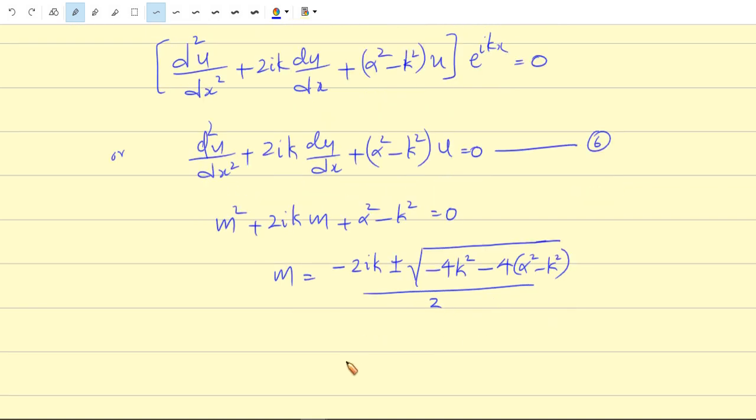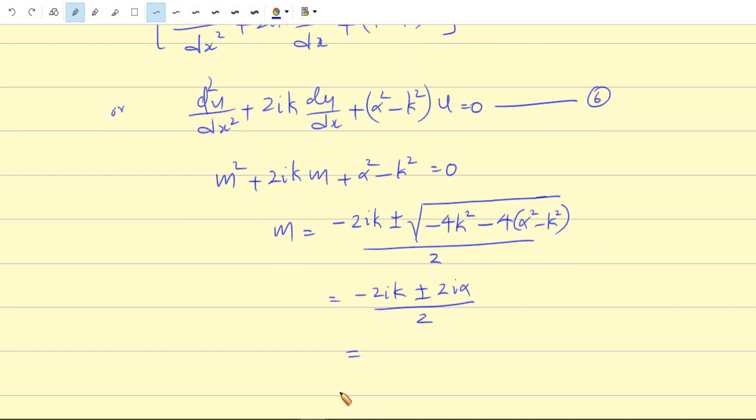So this can be written as minus 2ik plus or minus 2i alpha, divided by 2. Or we can have two solutions: m is equal to minus ik plus or minus i alpha.